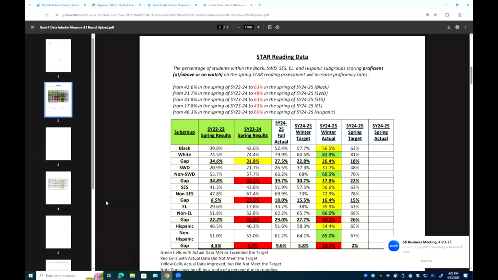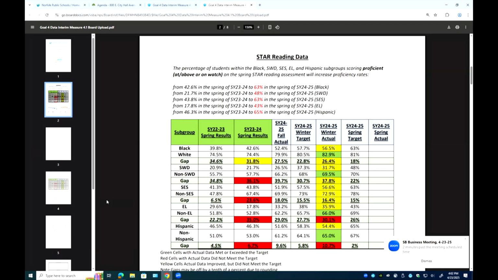For proficiency, we're looking to move performance in our subgroup of Black students from 42.6% to 63%, our students with disabilities from 21.7 to 48, our socioeconomic status students from 43.8 to 63%, our English learners from 17.8 to 43%, and 46.3 to 65 for our Hispanic subgroup.